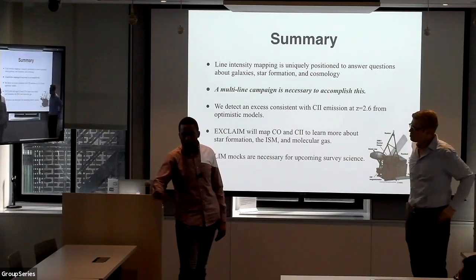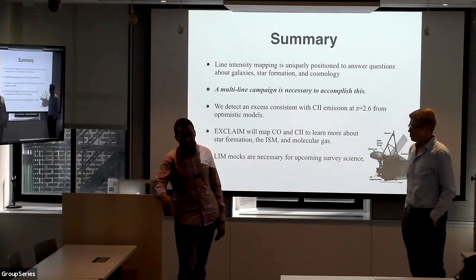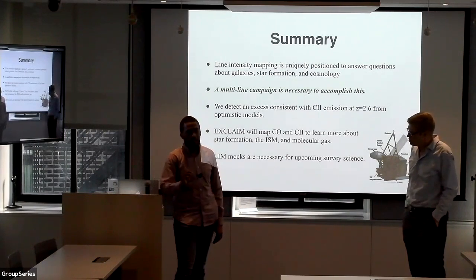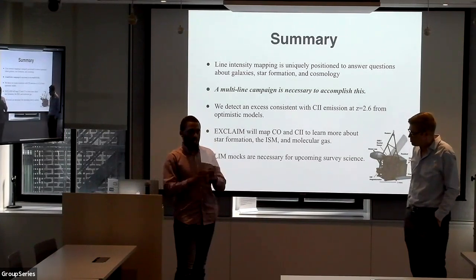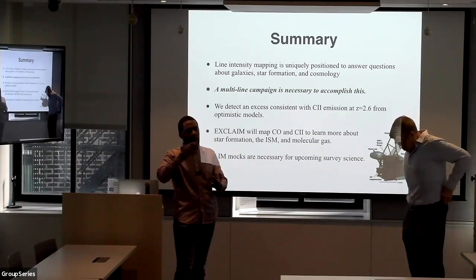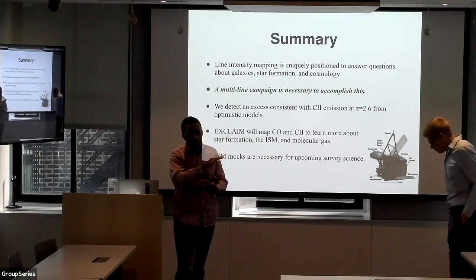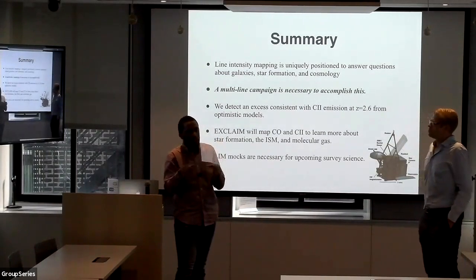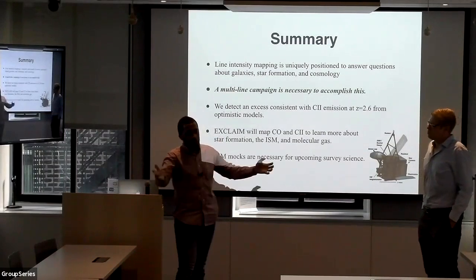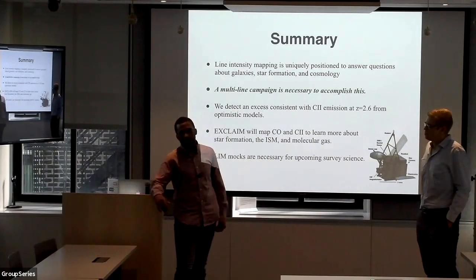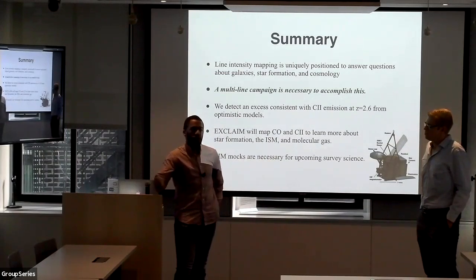So machine learning, Avery and of course Rachel Somerville are looking into this as a possibility to use the SAM and, using machine learning, effectively run the SAM very quickly on broad populations of halos, much faster than you could if you were just running the SAM on each halo.